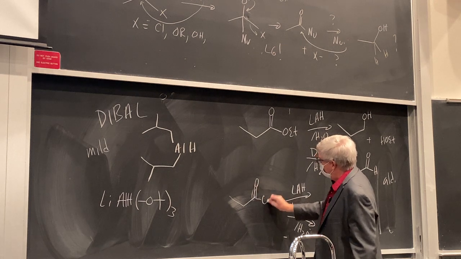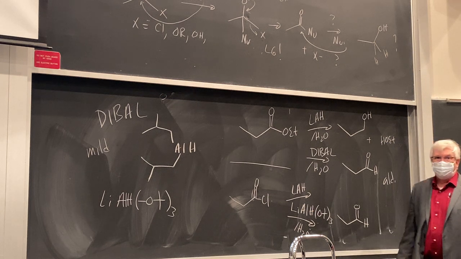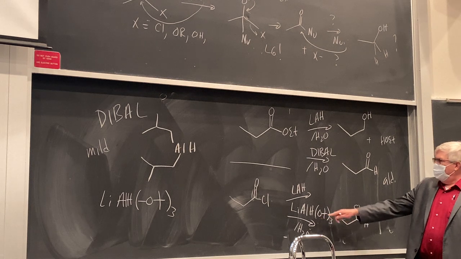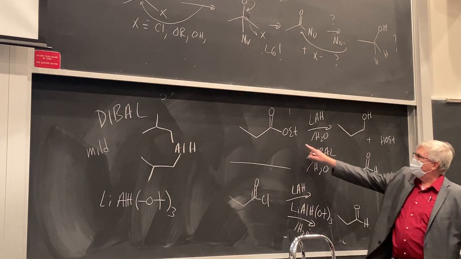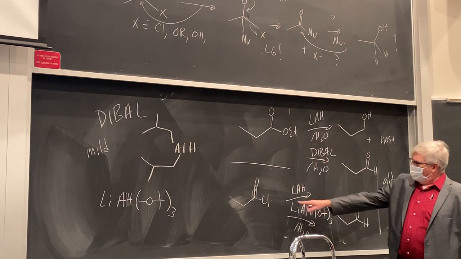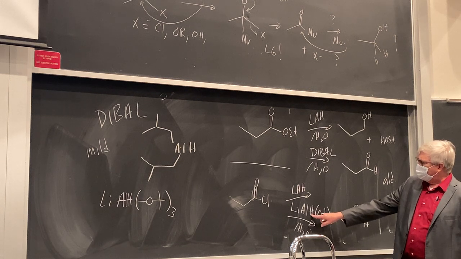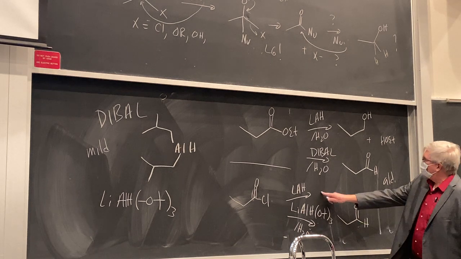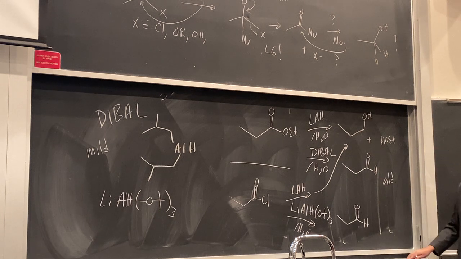Oh, made a mistake. These are different. The acid chloride, okay? This one's specific for the tri-tert-butoxy group. You can mix them up. There's some cross-reactivity there, but really DIBAL is specifically developed for esters. The more reactive thing, the chloride. And notice there's only one hydride here on tri-tert-butoxy aluminum. So again, we just have the one addition going to the aldehyde. This one, you know, also goes to the primary alcohol in that case.